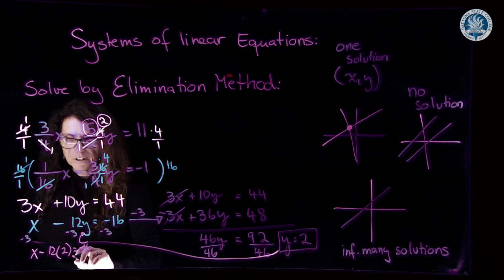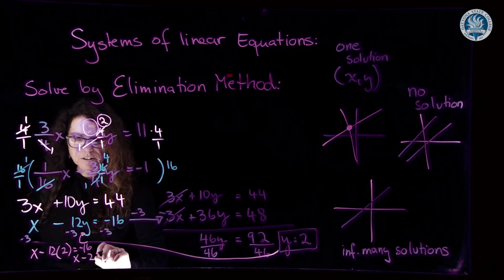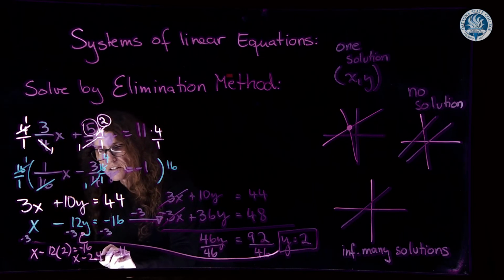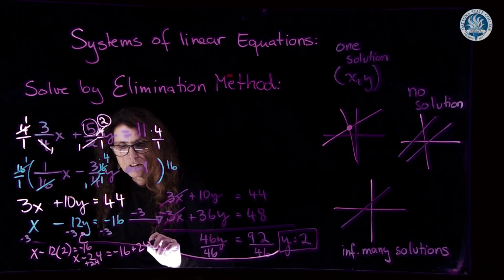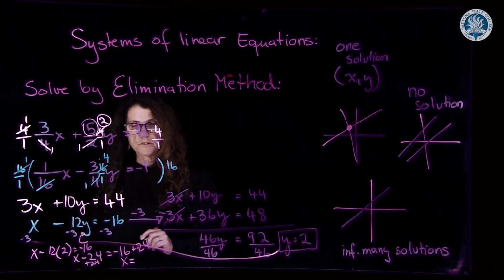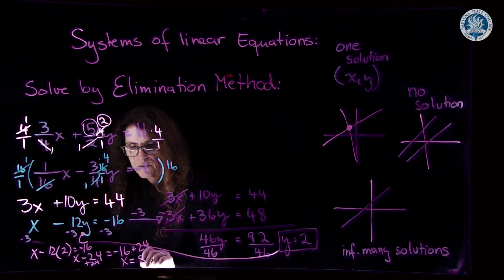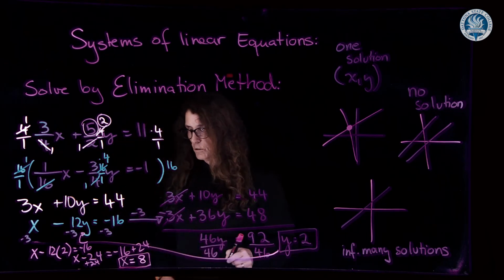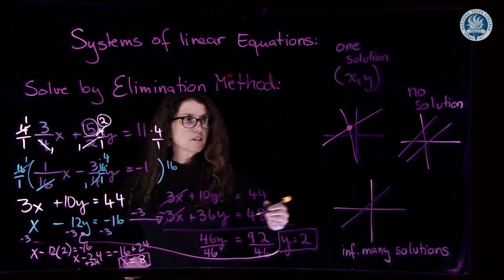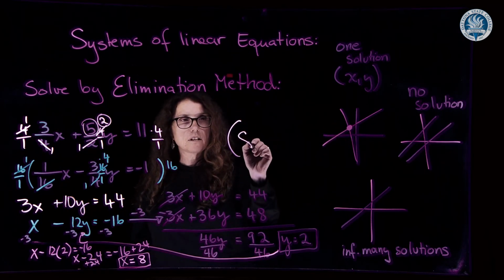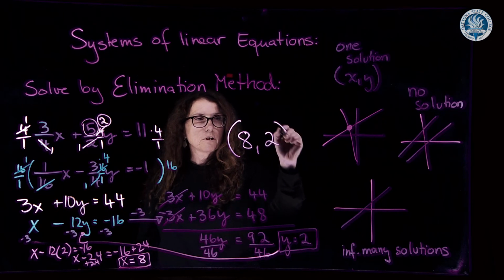I have no more room, but I can. x minus 24 equals negative 16. Now to get x by itself, I'm going to add 24 plus 24. x equals negative 16 plus 24 is a positive 8. Beautiful. Here you go. Our ordered pair, in this case, they do intersect at one point, is 8, 2.